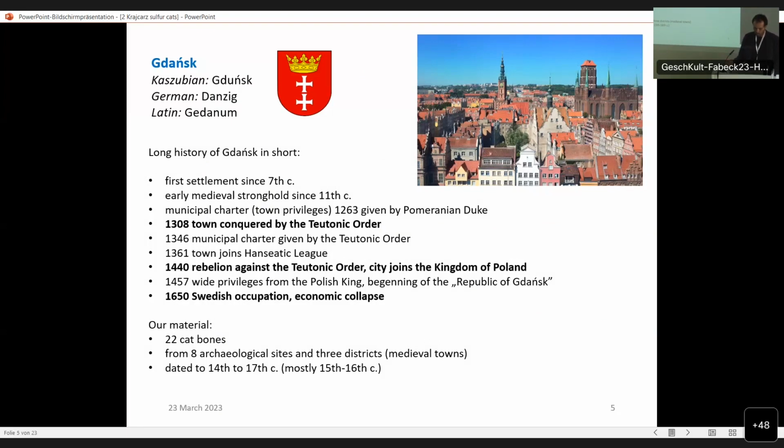The most important point in the town's history was the middle of the 15th century, when the town rebelled against the Teutonic Order. They joined the Kingdom of Poland, and as a reward they got many huge privileges from the Polish king. So the town was almost an independent republic in the Kingdom of Poland. So it was really powerful, and it developed and flourished. And it was during the 15th and 16th centuries that our cats come from.